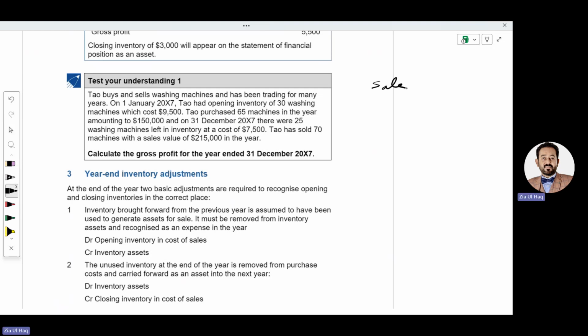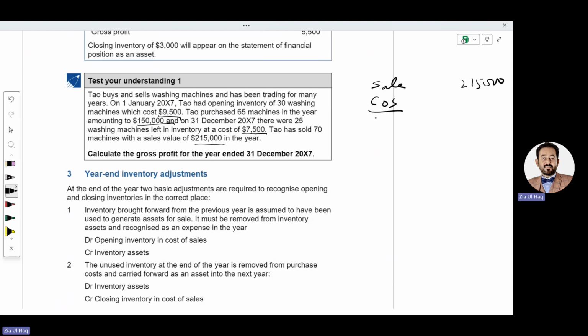So what's the sales figure in this question? On 1st January, Tao's opening inventory was 9,500 of 30 washing machines. They purchased for 150,000. At 31st December, closing inventory was 7,500, and they sold for 215,000. So sale figure is 215,000.